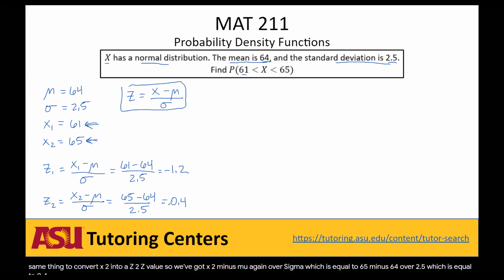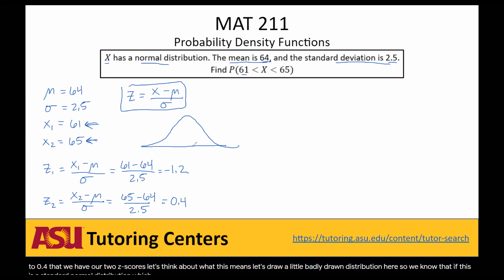So now that we have our two Z-scores, let's think about what this means. Let's draw a little badly drawn normal distribution here. So we know that if this is a standard normal distribution, which means it's a Z distribution, then our mean is equal to 0, and our standard deviation is equal to 1.